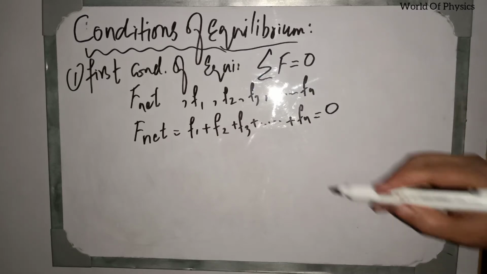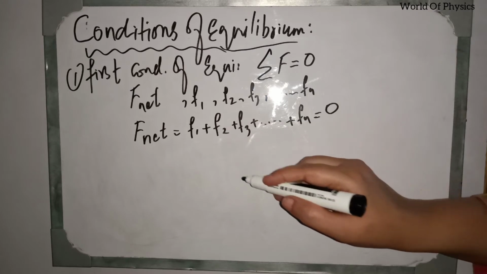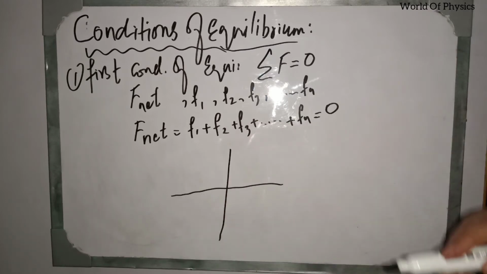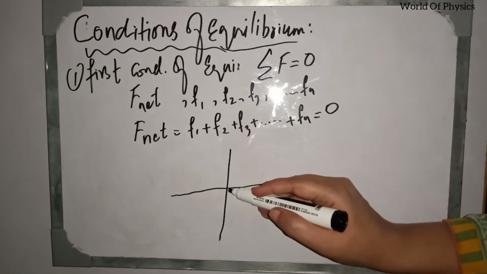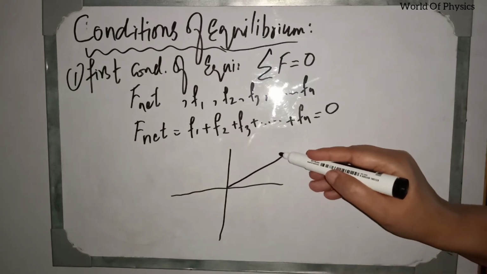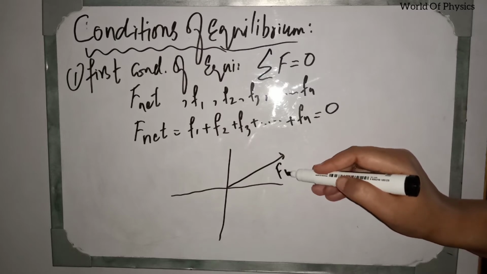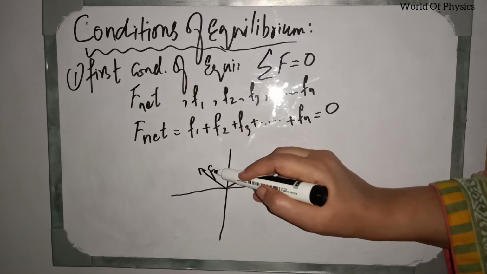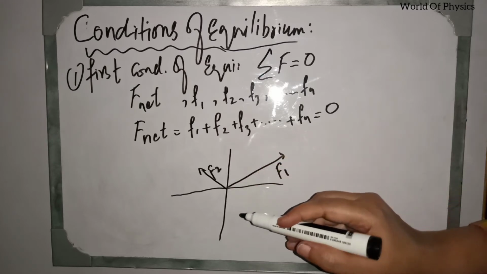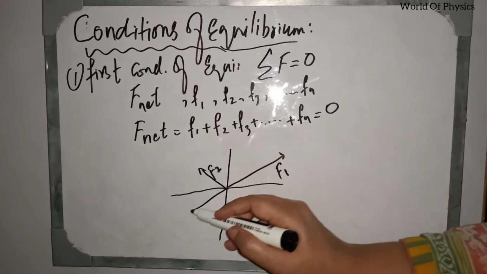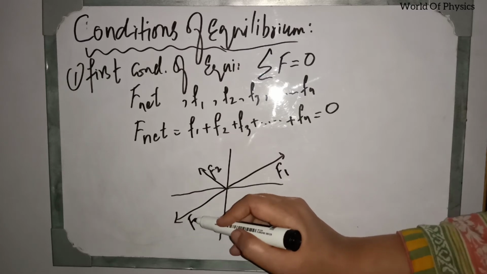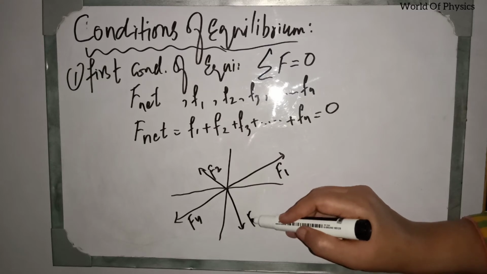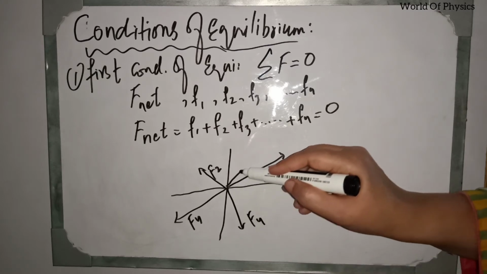For example, we are going to draw some forces over here, which we will prove that their sum is equal to 0. Like this is force F1, then this is force F2, then F3 is in this plane, F4 is in this plane, and F5 is again in the first plane.